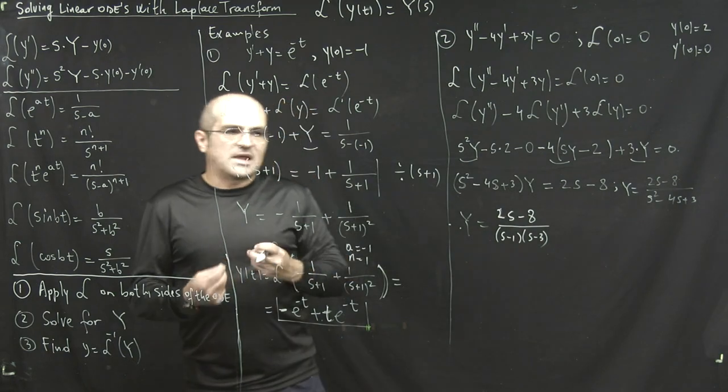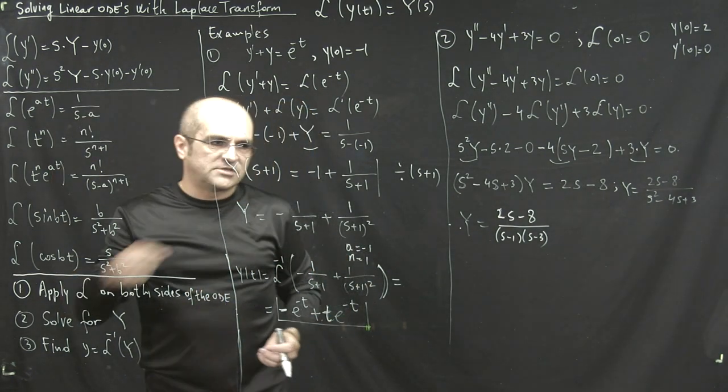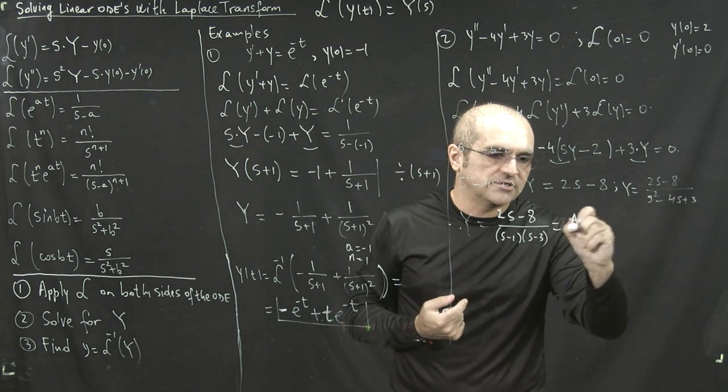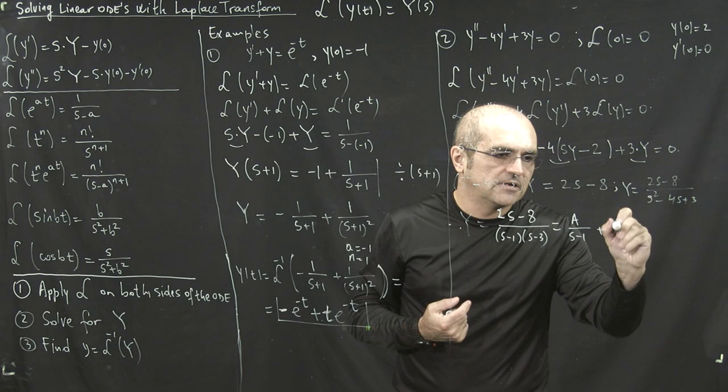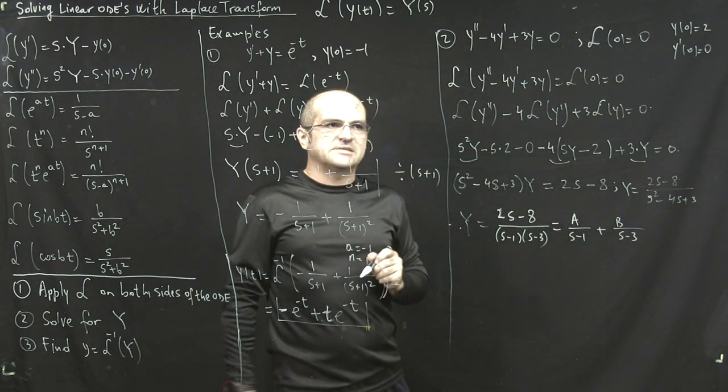Okay, so remember from last lesson, we cannot find the inverse Laplace right away because it doesn't match the table of formulas. We have to patiently split it into partial fractions, which in this case is A over s minus 1 plus B over s minus 3.